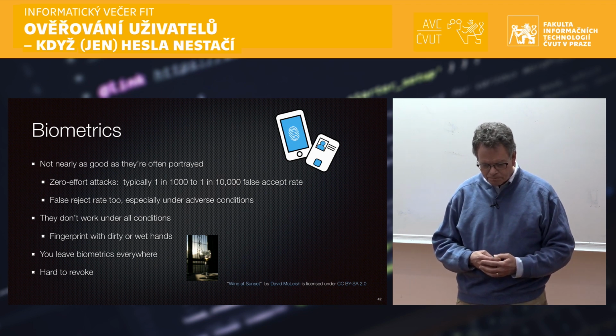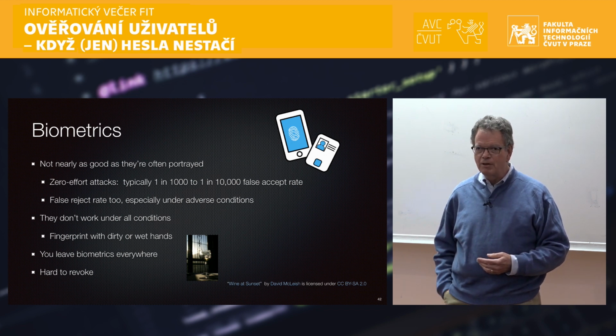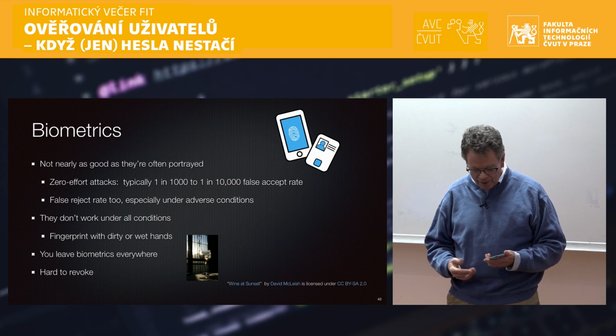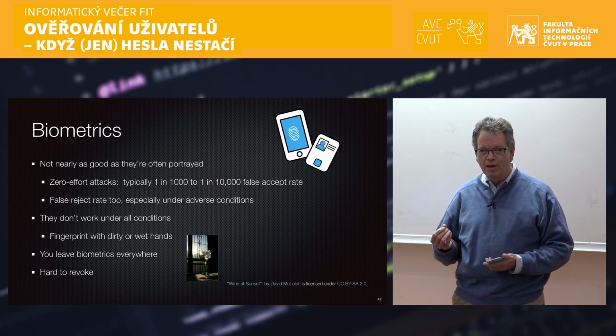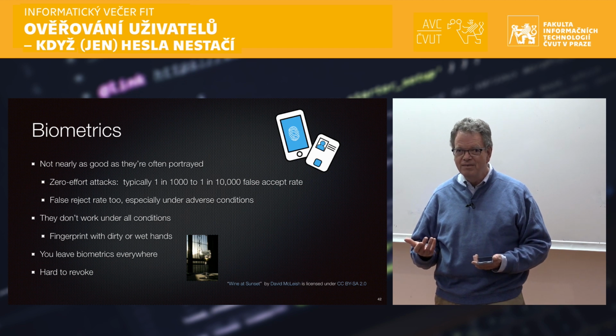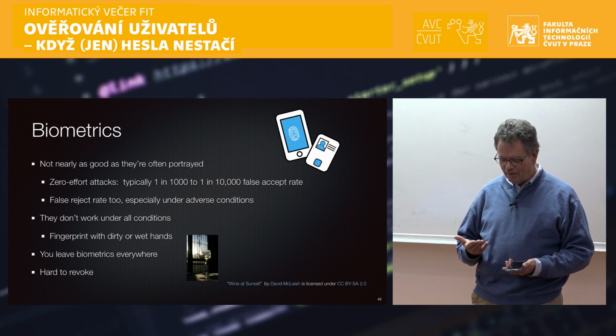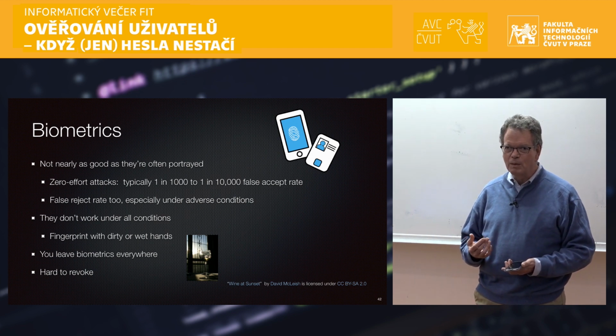The problem that I have with biometrics, I mean, I love the biometric sensor on my phone, but if I've been working in the garden, my hands are dry and dirty, it doesn't work. I have to use my PIN. If I've been washing the dishes at home, my hands are wet and soft, it doesn't work, I have to use my PIN.